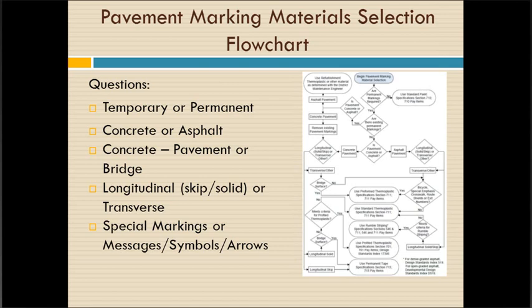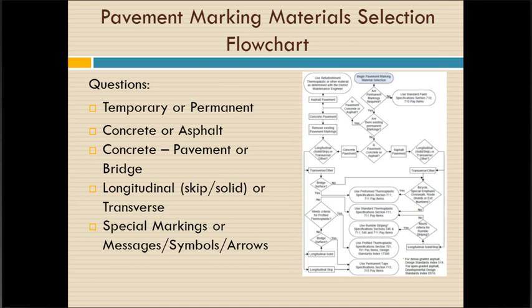Now, when you use the flow chart, you're going to ask yourself certain questions, and it's going to start off at the top with begin your pavement marking selection, and the first thing it's going to ask you: are permanent pavement markings required? It's going to take you to a decision of whether you're using temporary markings or permanent markings. That's the first question it's going to ask you. When you get past that point, the flow chart is going to guide you to, are you working with concrete or are you working with asphalt?